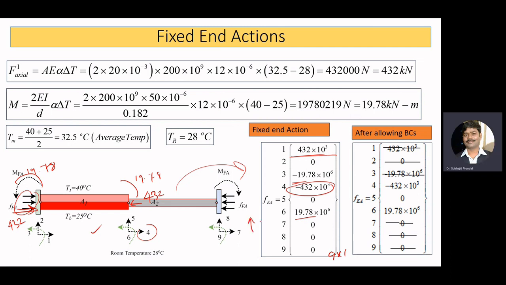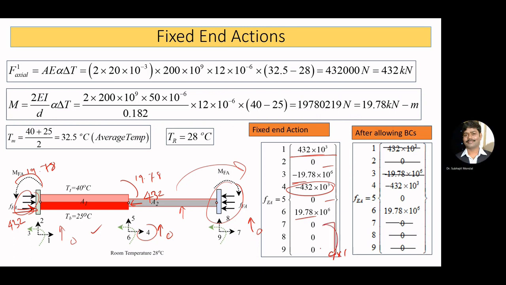Here we will not have any forces acting vertically. There will not be any resistive forces developing vertically, so all those values are 0. In the second element, since there is no temperature rise, all the values will be 0.